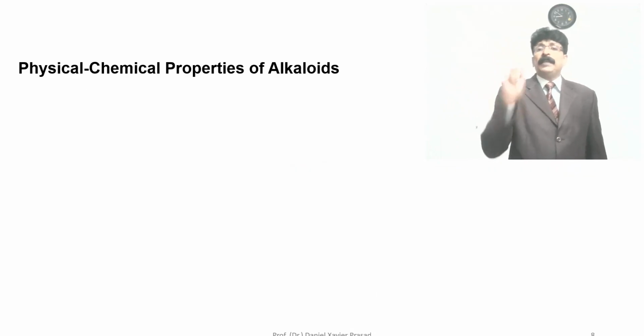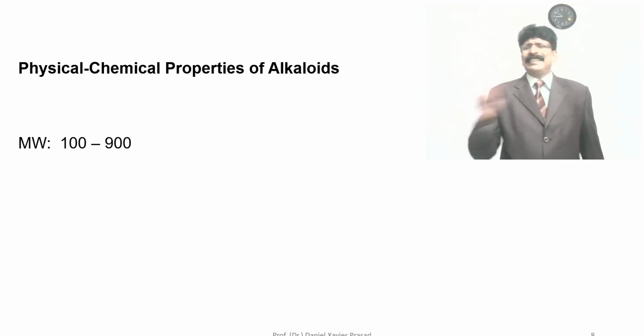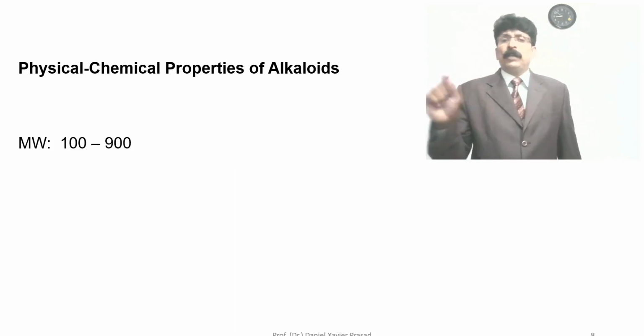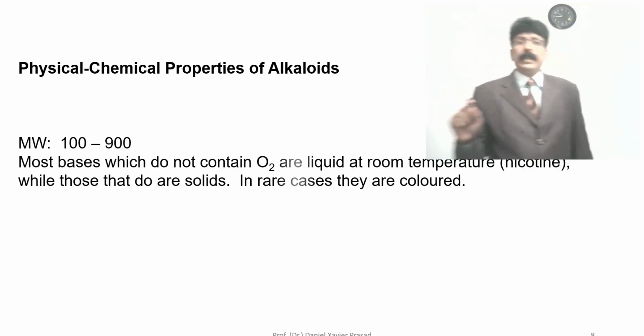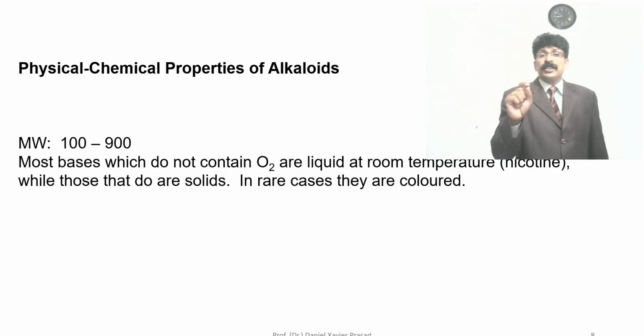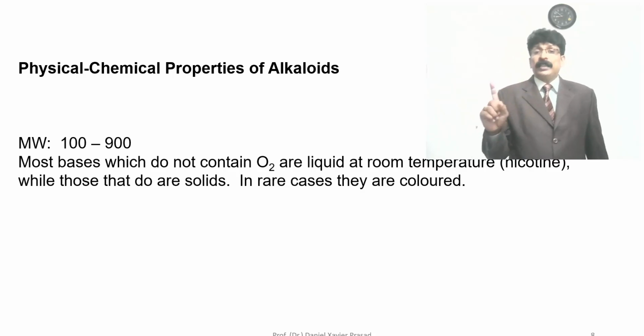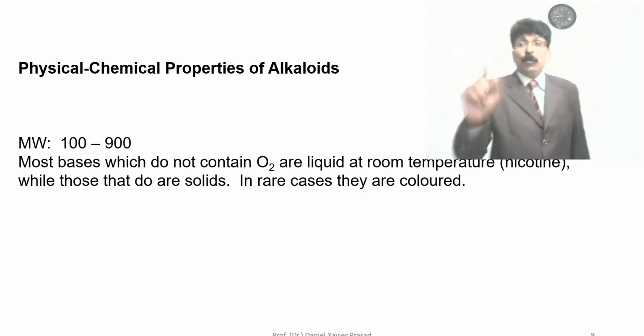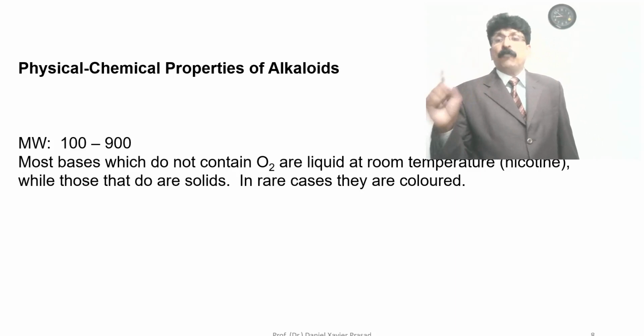So, physical and chemical properties of alkaloids. It's just a running slide, which we know: molecular weight differs from 100 to 900, and most of the bases which do not contain oxygen are liquid at room temperature, for example nicotine from Nicotiana.